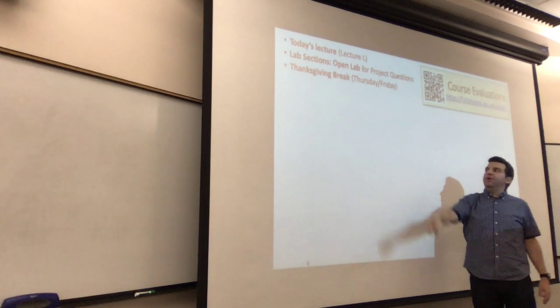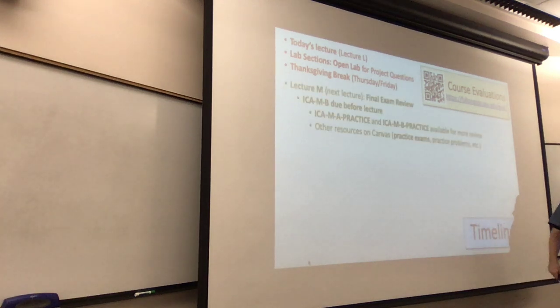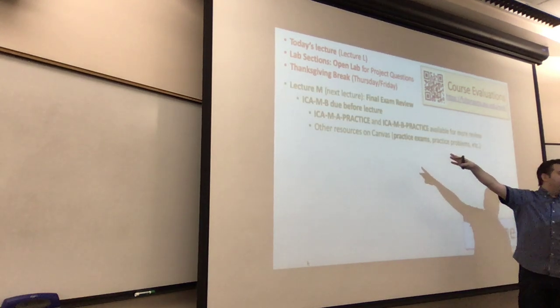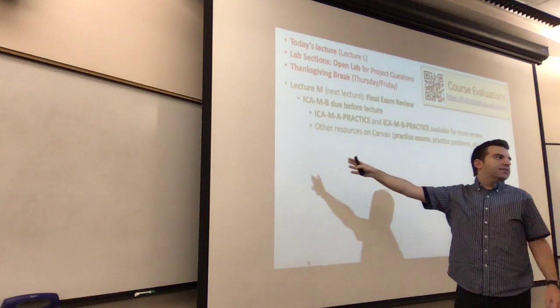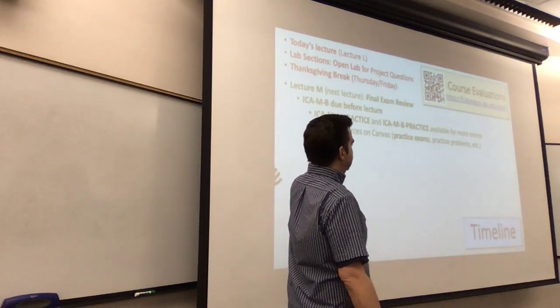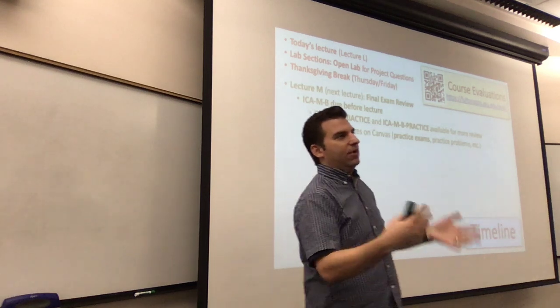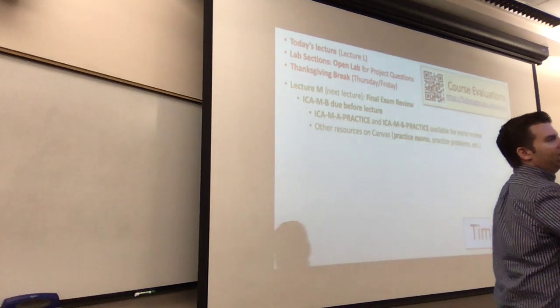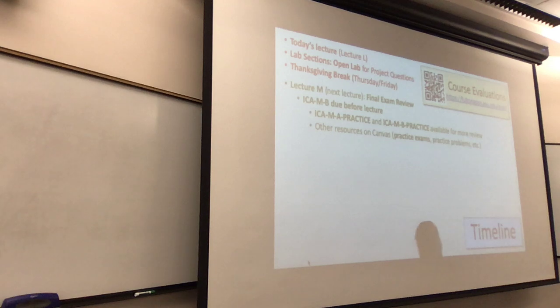Then there's Thanksgiving break. Going into next week, we'll start with lecture M, which is a final exam review lecture. It's very similar to the midterm review lecture. The slides will basically be sampled from the previous slides, maybe with a few slides spliced in about what the main points were for each lecture or unit.